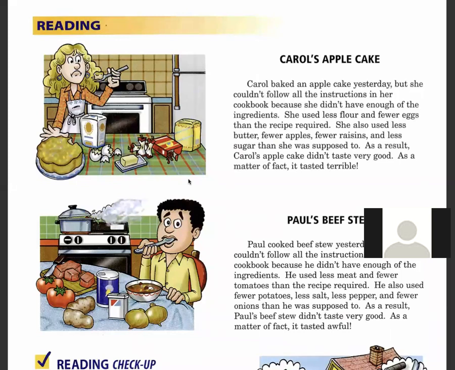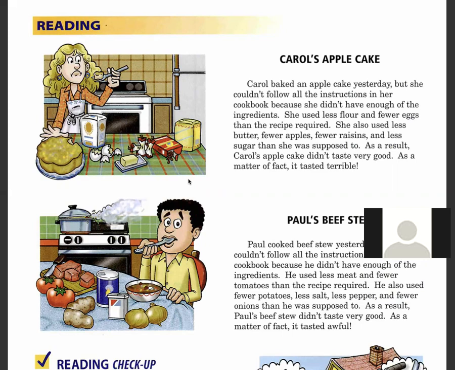She also used less butter, fewer apples, fewer raisins, and less sugar than she was supposed to. As a result, Carol's apple cake didn't taste very good. As a matter of fact, it tasted terrible. Oh no. Poor Carol. Let's see what happened with Paul.